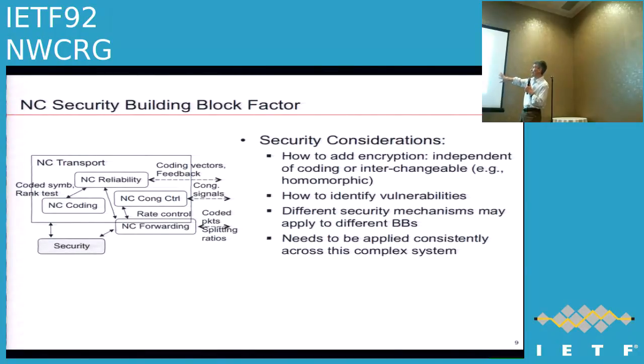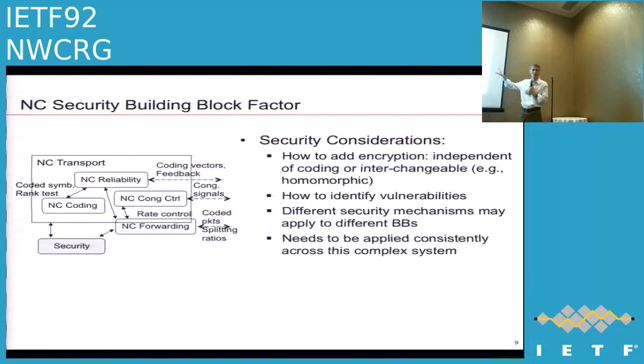Last but not least is security. Is it a building block or just a consideration? Some of you mentioned how to add encryption and combine it with coding. That's a field that is interesting and important, to identify the vulnerabilities and the different mechanisms that may apply to different functional or building blocks.